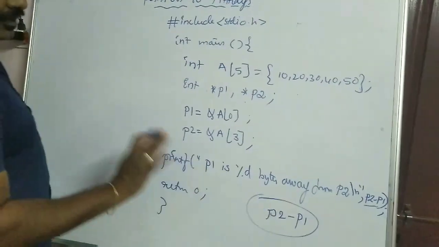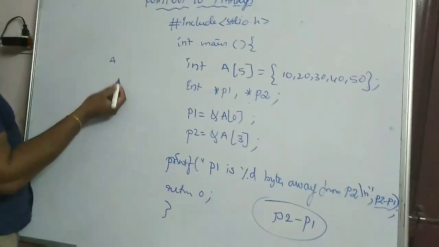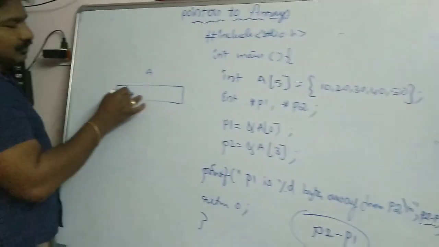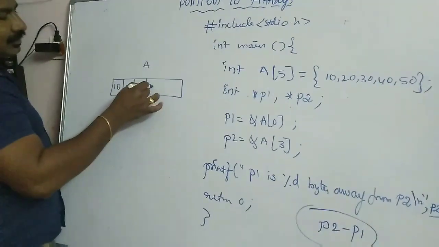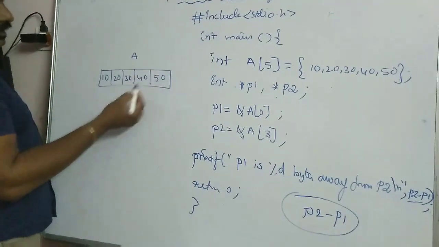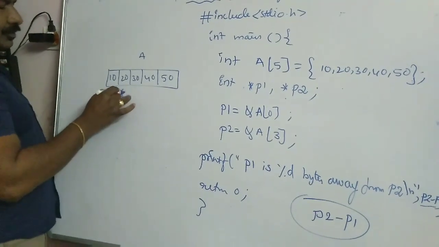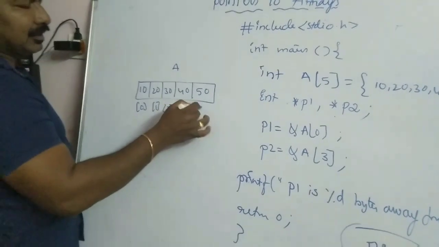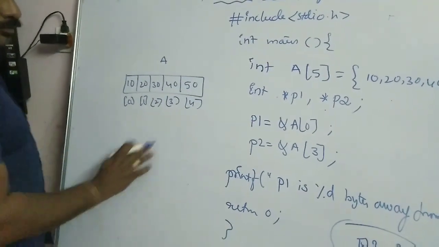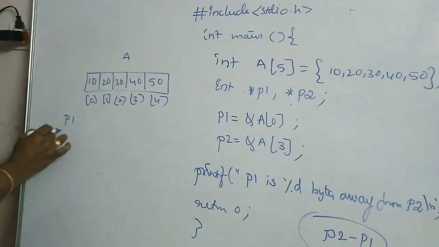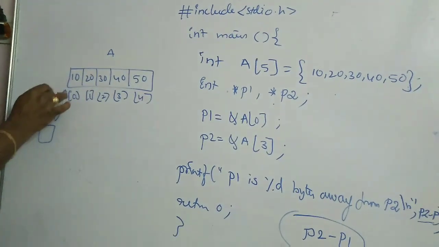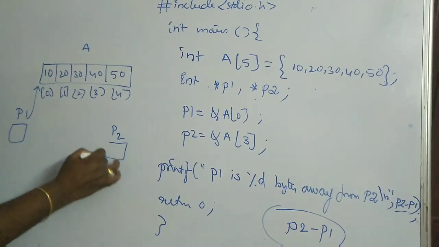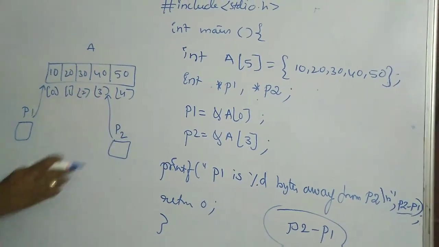So if A is an array and I have got 5 elements here, 10, 20, 30, 40, 50, and index values are 0, 1, 2, 3 and 4. Okay, p1 is pointing to the index 0 element, and p2 is another pointer pointing to the index third element. Okay friends, now I am assuming their addresses.